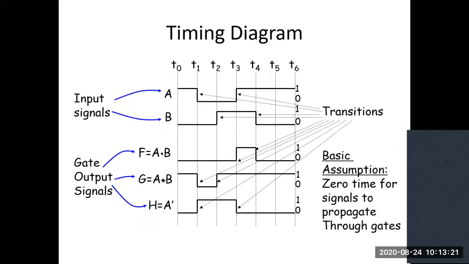Now we talk about timing diagrams. Timing diagrams are basically when you are plotting your graph with respect to time. In some cases you are toggling or changing your input between 1 and 0, because it's your freedom.